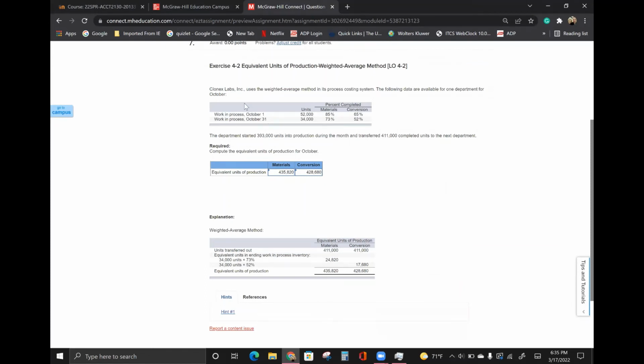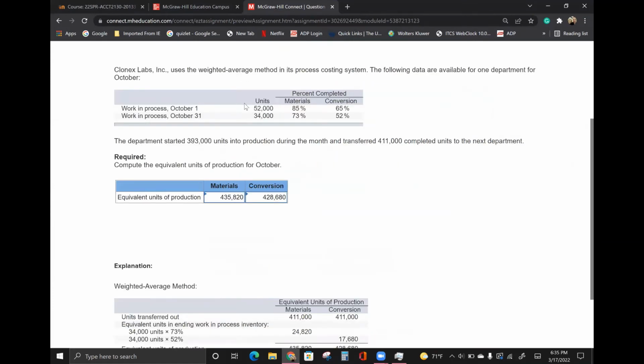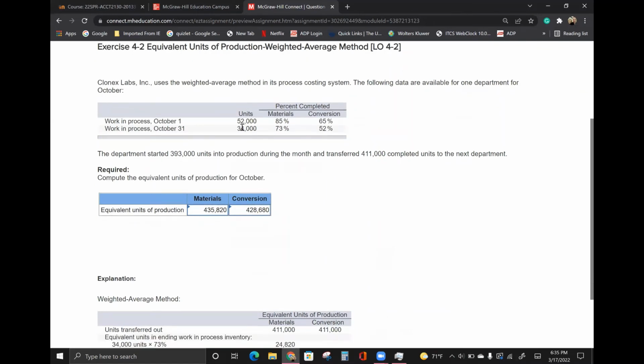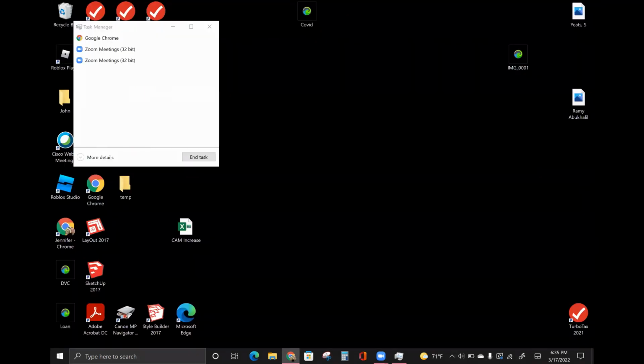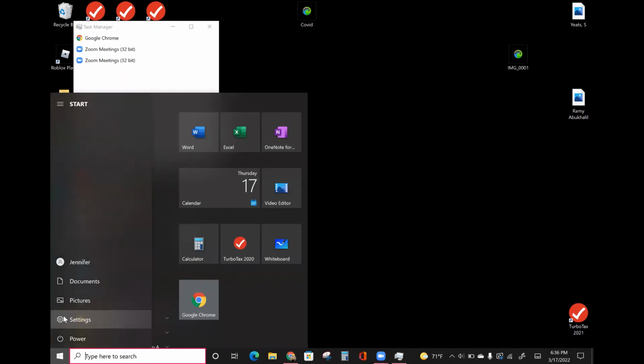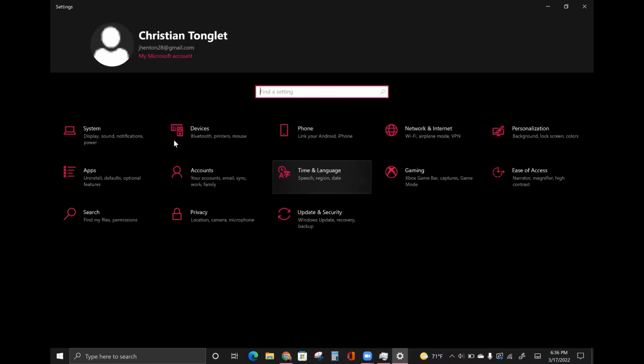Yeah, it does. Okay. All right, so we have Clonex Labs uses the weighted average method in its process costing. Can't see. You're right, it is extended. How do I? You might be able to drag it over. There it is. I don't know what I did. Okay. Well, that's not good. I don't want that. Okay, hang on. I got to fix it because that's not what I want. I'm not going to be able to show you the example turned around backwards like that. So I have to go into my settings and I think display.